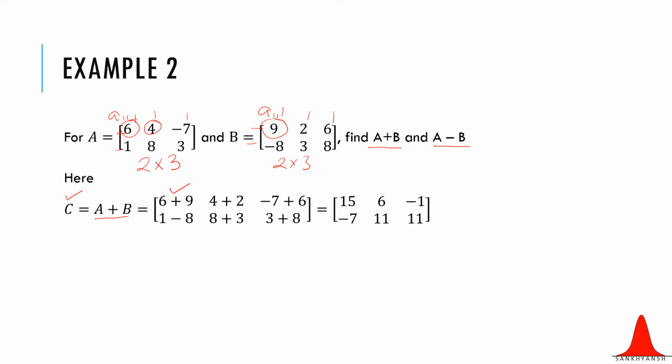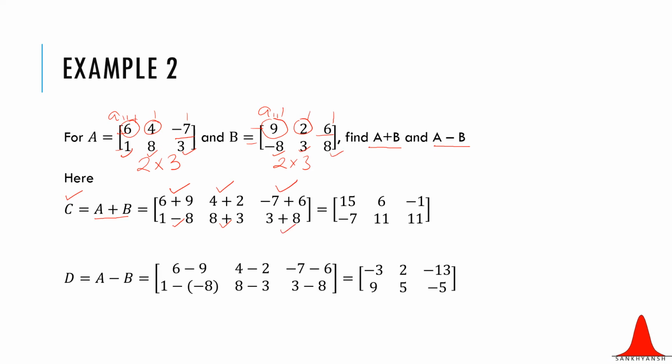Similarly we did 4 plus 2, minus 7 plus 6, 1 minus 8, 8 plus 3, 3 plus 8. And we've got this answer. 6 plus 9 is equal to 15, 4 plus 2 is equal to 6, minus 7 plus 6 is equal to 1, 1 minus 8 is equal to minus 7, 8 plus 3 is 11, and 3 plus 8 is 11.